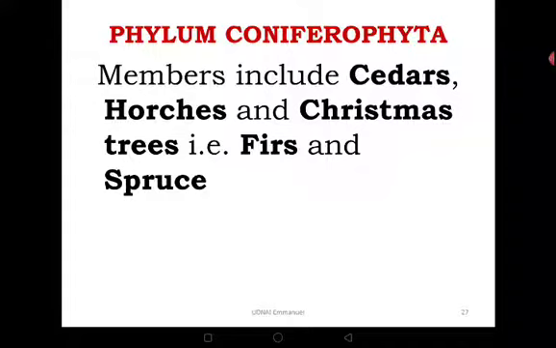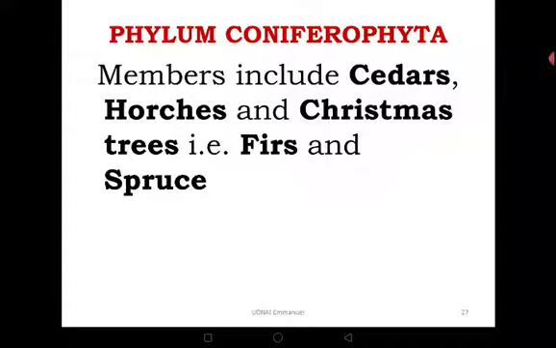They include the cedars, the Christmas trees, the firs, the pines, spruce, and the rest. I hope you at least know one of those I have mentioned. At least the pine. Do you know a pine tree or Christmas tree? Well, that's great. Those are the plants we are going to look at.